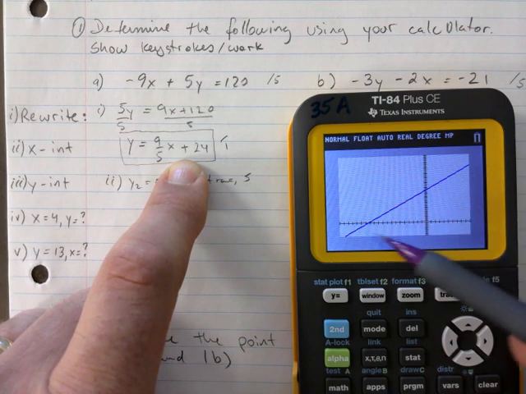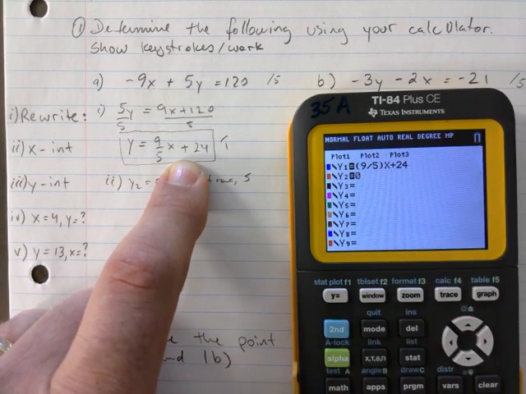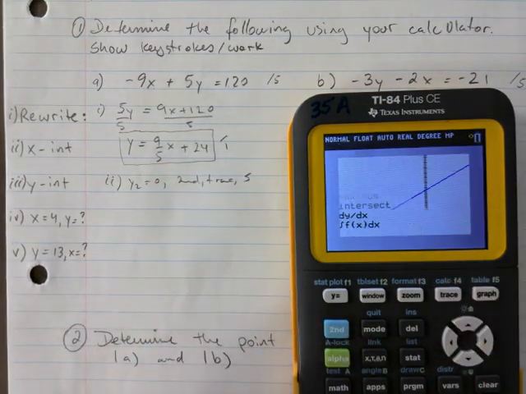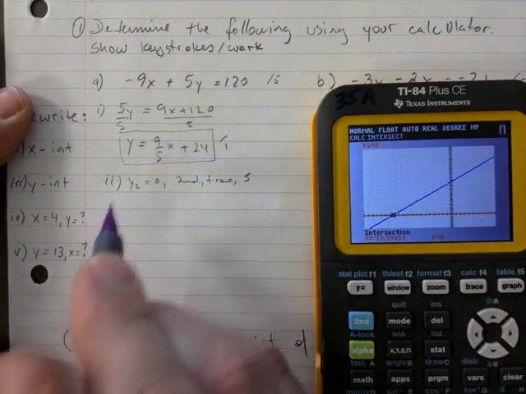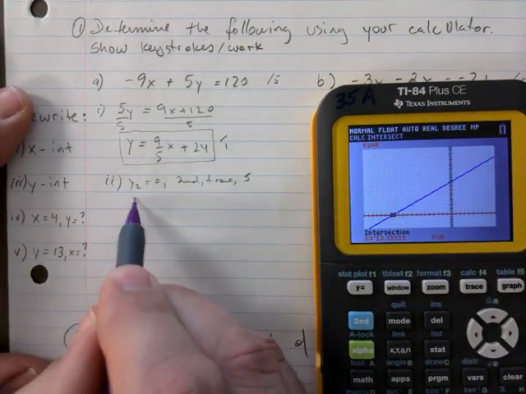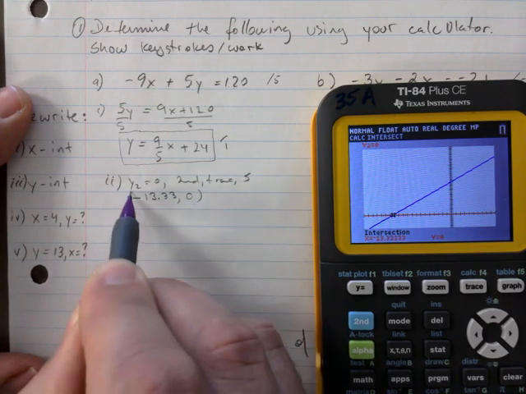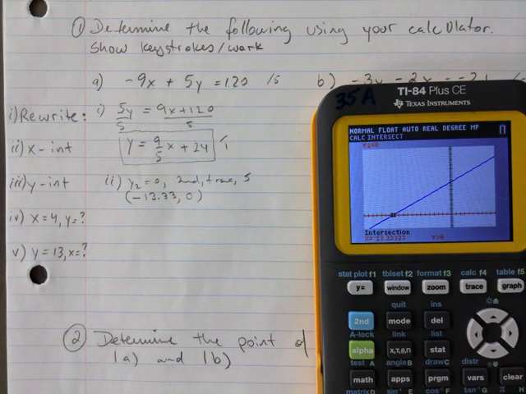That's a pretty good window. I let y2 equal to 0 and go second trace 5 to find it. So that's negative 13.330. That should be the x-intercept. No matter how you did it, that's the x-intercept that you find.